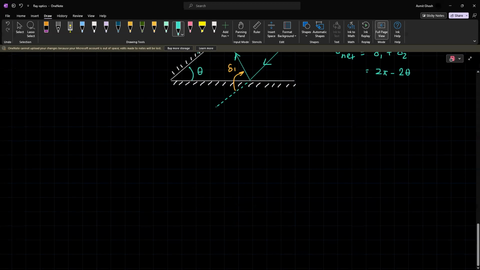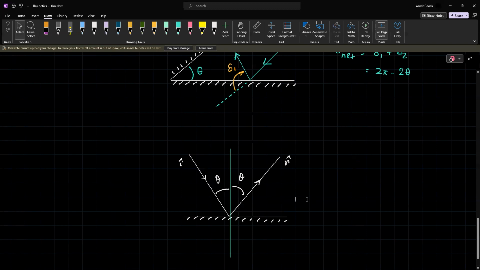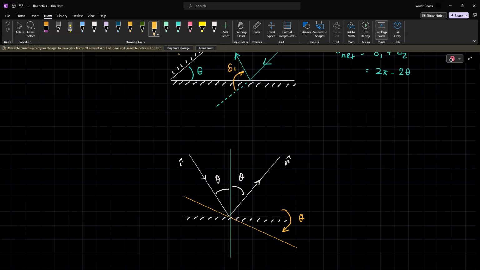Now let us consider another thing. So let's say I have a mirror like this. Let us say we have this situation. Okay. And I am rotating this mirror by angle theta. So now the new position of the mirror is something like this. Let's say this angle is theta. Okay.